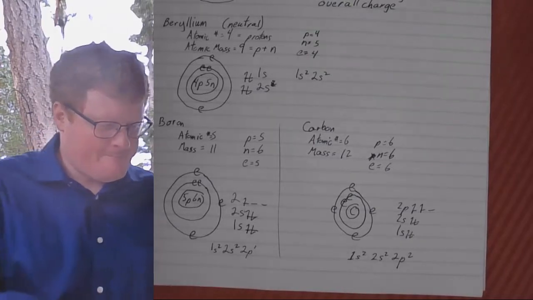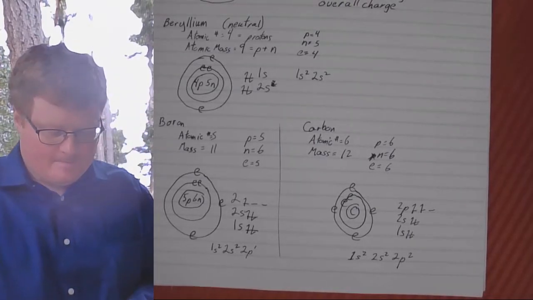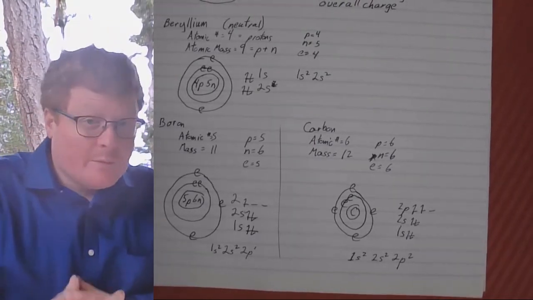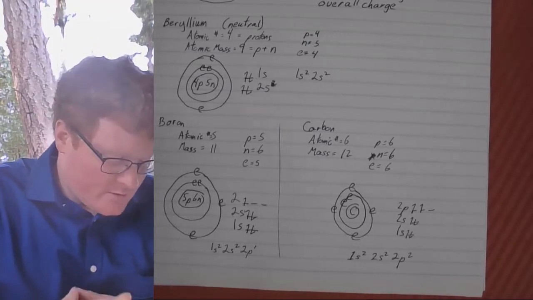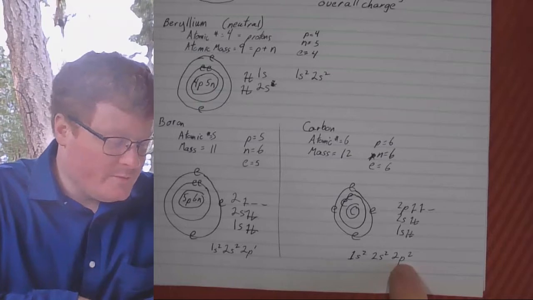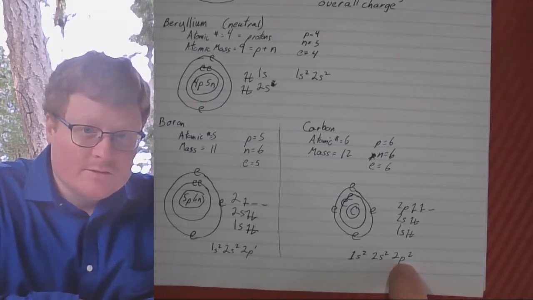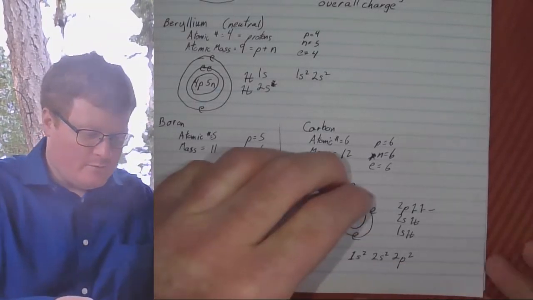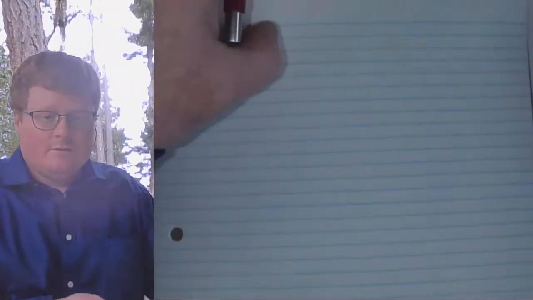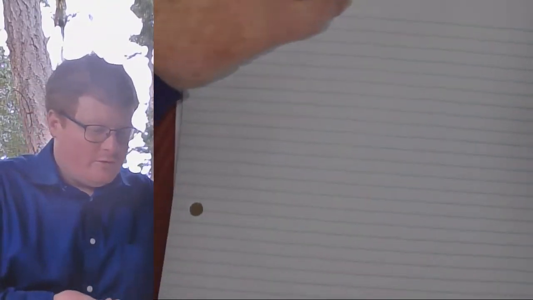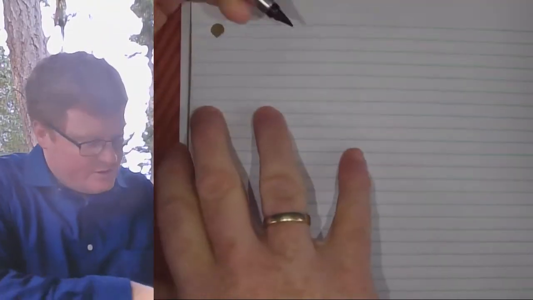I hope you're beginning to see a trend here. So carbon is a 1s2, 2s2, 2p2. After carbon comes nitrogen. What do we hypothesize nitrogen is going to look like in an energy shell atomic orbital arrangement? Well, good question.